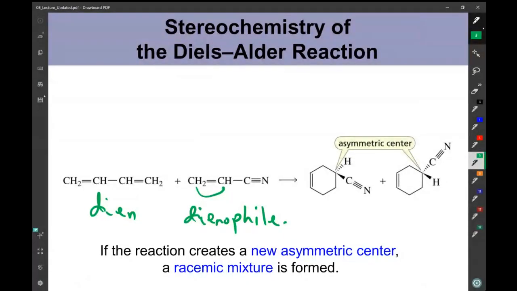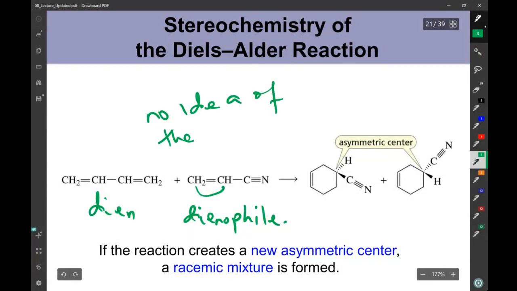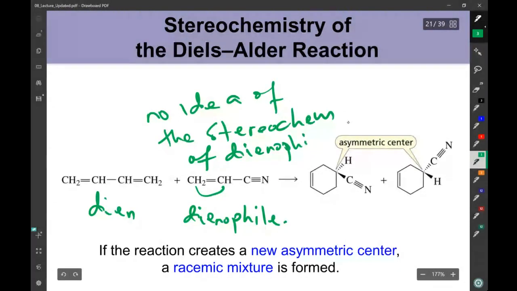Now, we have no idea of the stereochemistry of the dienophile in this case. What I mean by that is that when you look at the dienophile, you cannot tell if it is a cis or a trans dienophile.